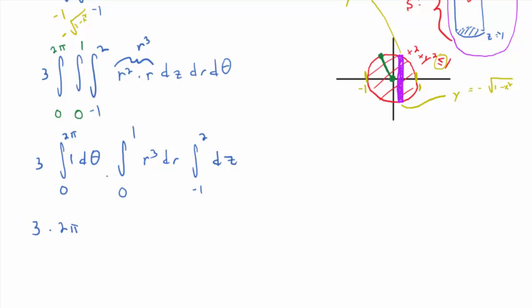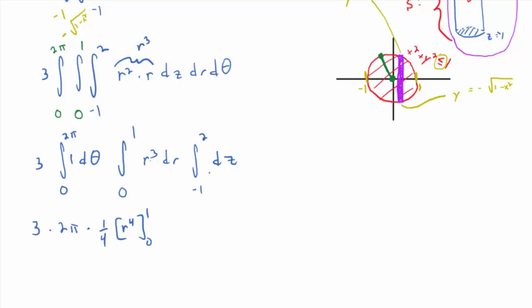2 pi. And then, what's the integral of r cubed with respect to r? 1/4 r to the fourth, but you're evaluating that from 0 to 1, aren't you? So just 1/4 there times 1.